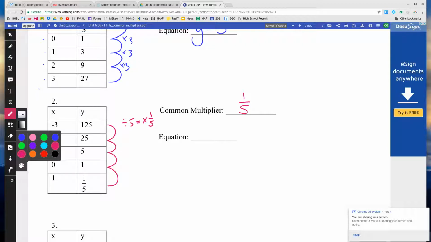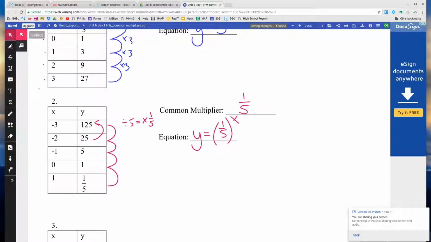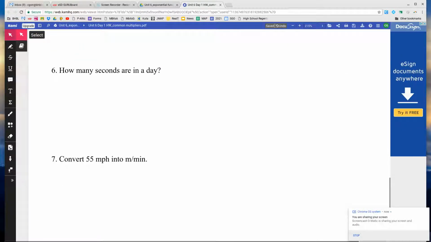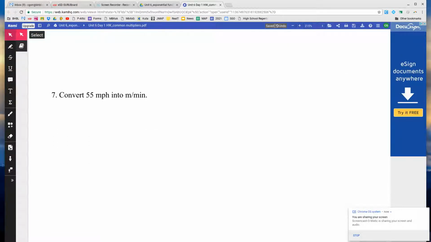And again, I can always take a term and divide by the one prior, and that will give me 1/5. So my equation then will be y equals, and I do want to put this fraction in parentheses, to the power of x.